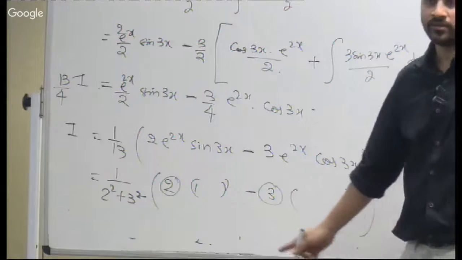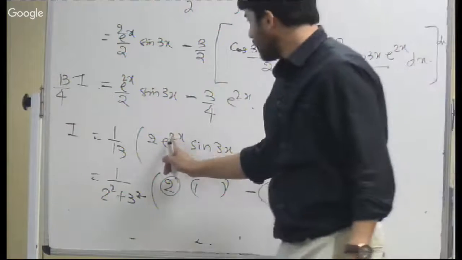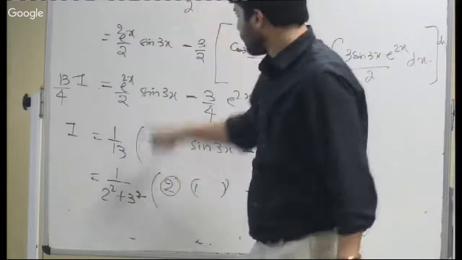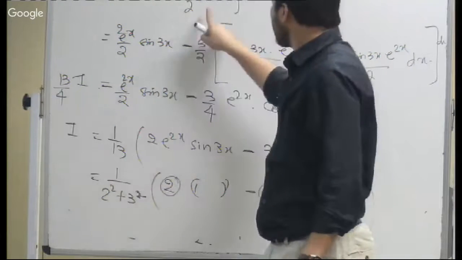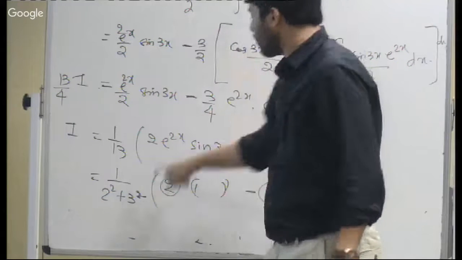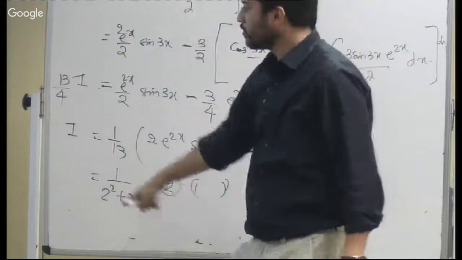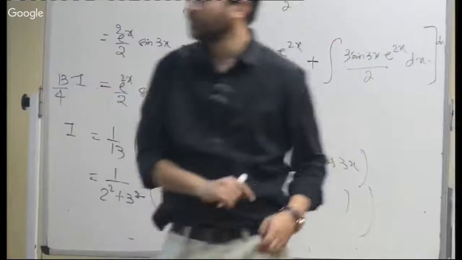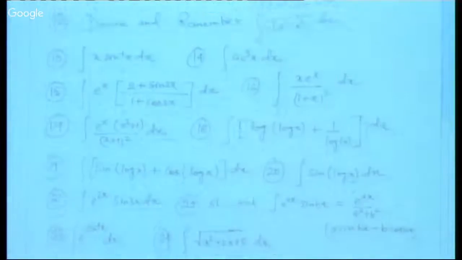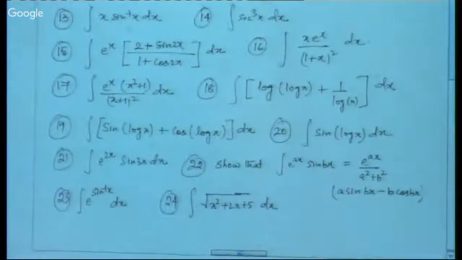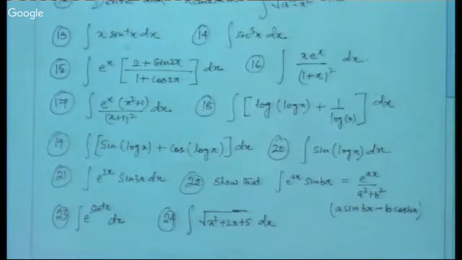You saw the relation? I got e to the power 2x, 2 was here, I got here 2 square, and 3x was here 3, I got 3 square here. So you see the next question? You have to show that the integral of e to the power ax sine bx is equal to e to the power ax upon a square plus b square into a sine bx minus b cos bx. The same thing.